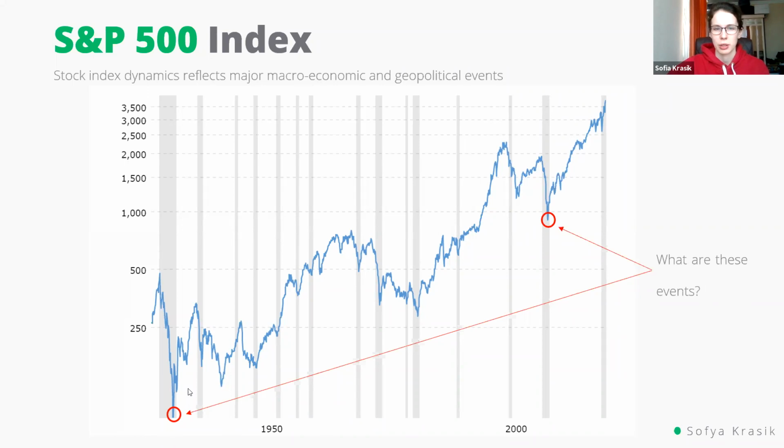What do you think those two dramatic market crashes of the S&P 500 index were? You see the market price dynamics, and here we observe two really rapid drops of the market. What do you think those events were?